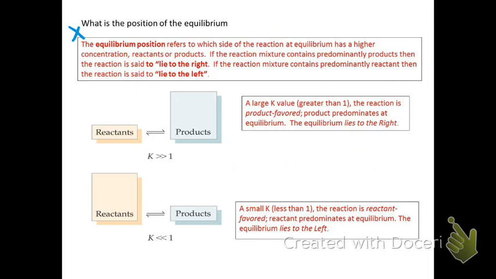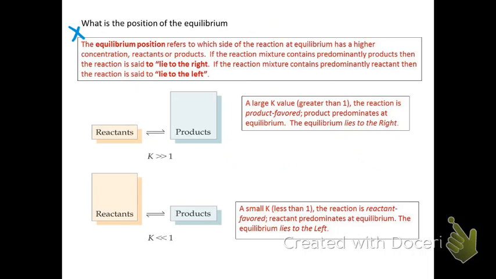However, that doesn't mean that the concentrations of the reactants and products are going to be the same at equilibrium. Usually when equilibrium is established, either the products have a higher concentration or the reactants do. It's important to know which one is which, and that's referred to as the equilibrium position.